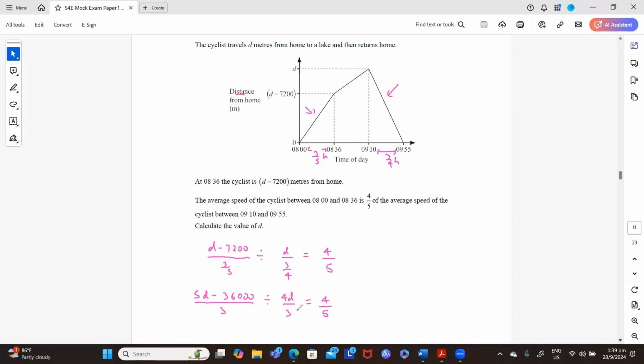Now what you want to do is flip this fraction. So 5d minus 36,000 over 3 times 3 over 4 equals 4 over 5. Cancel, cancel.